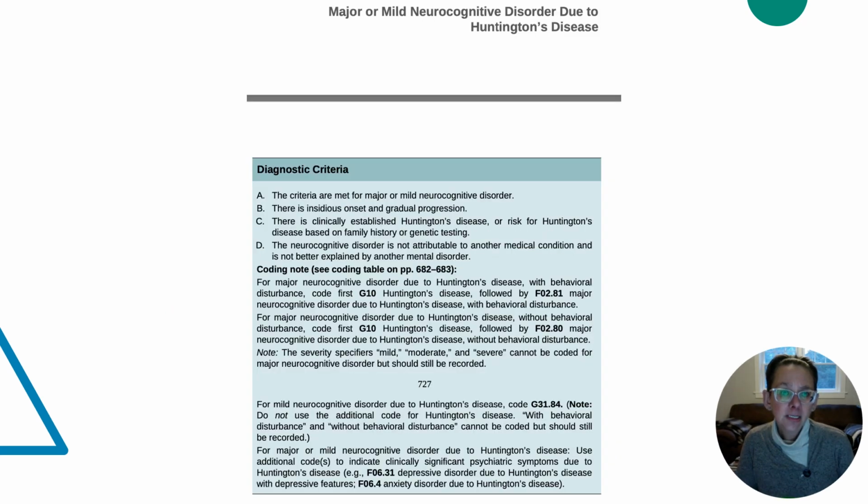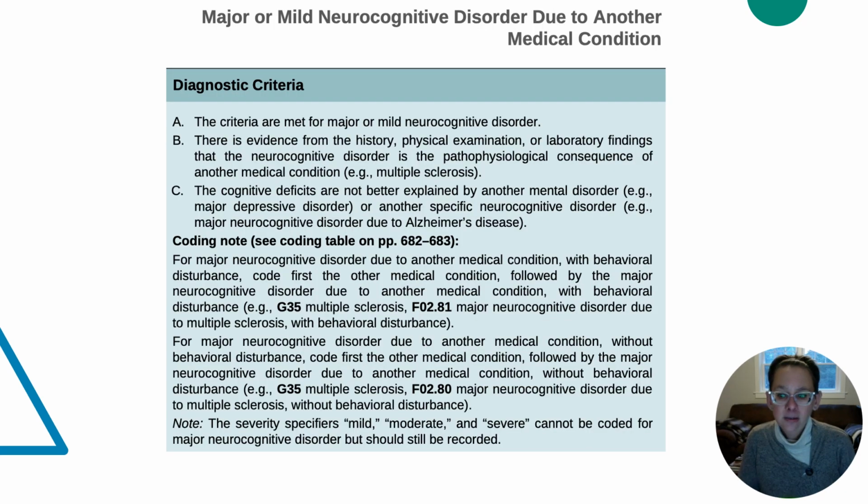And then Huntington's disease, I've only experienced one person with this neurocognitive disorder. Huntington's is hard. There's clinically established Huntington's disease, and they're also having cognitive disturbances. And then major or mild neurocognitive disorder due to another medical condition.